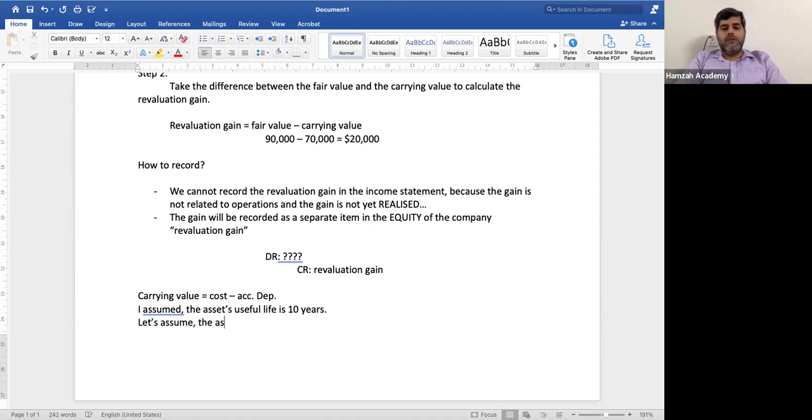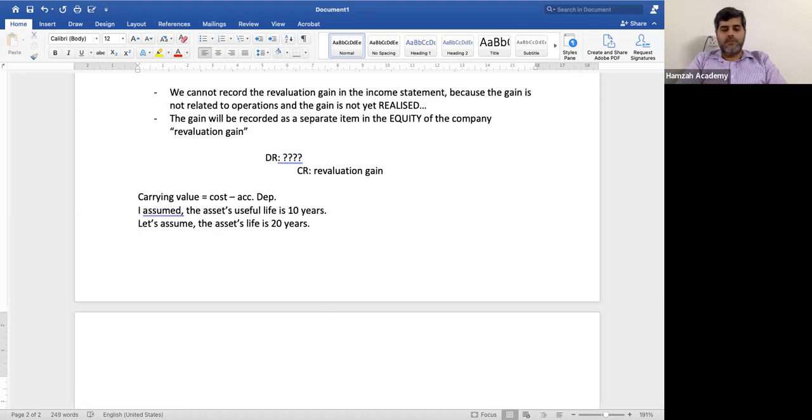Now, let's assume the asset's life is 20 years. It means 100,000 by 20 is 5,000 per year depreciation charge.